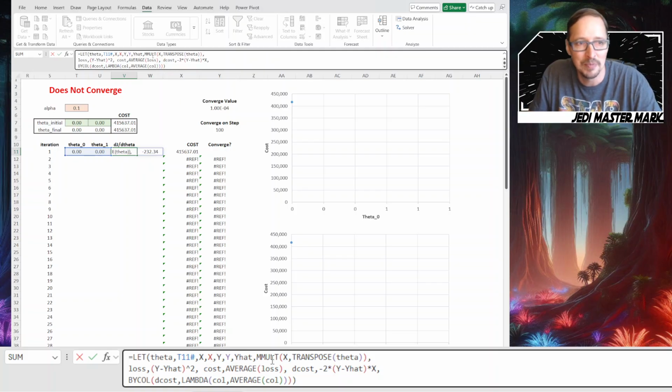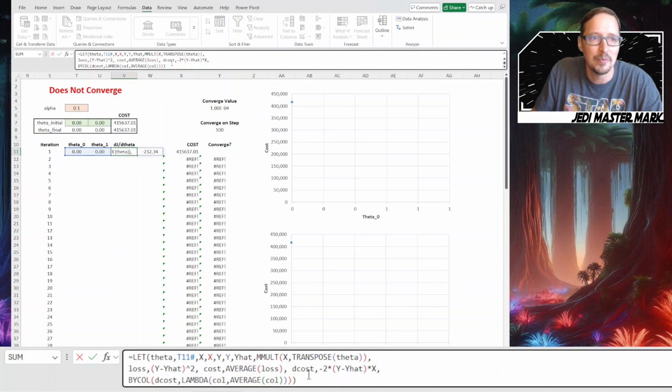Y hat is just matrix multiplication of x times the transpose of theta. Our loss function is still y minus y hat squared. Our cost function is the average of the loss function. And then if you remember, the derivative of the loss function with respect to theta was -2 times y minus y hat.